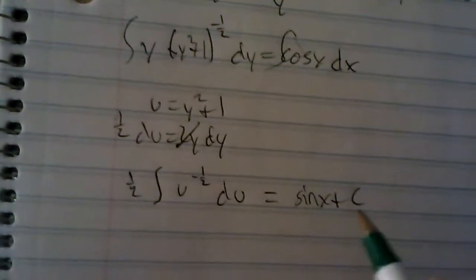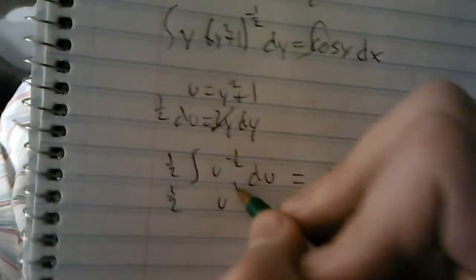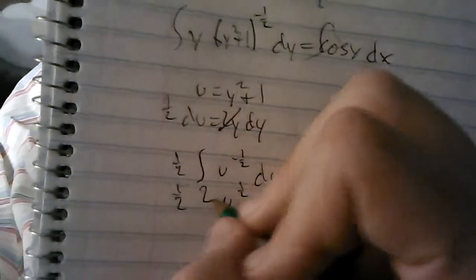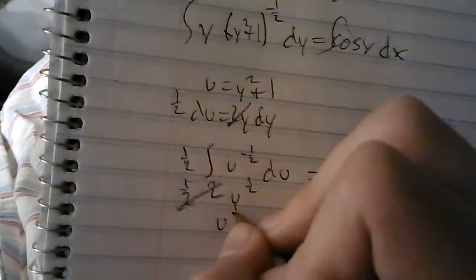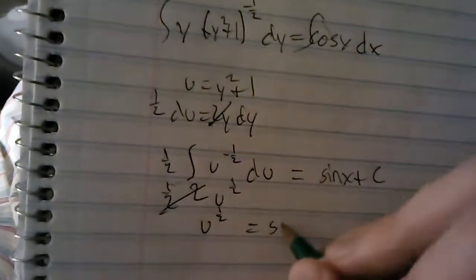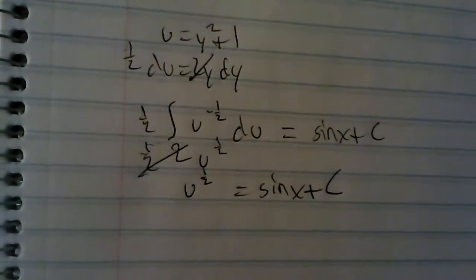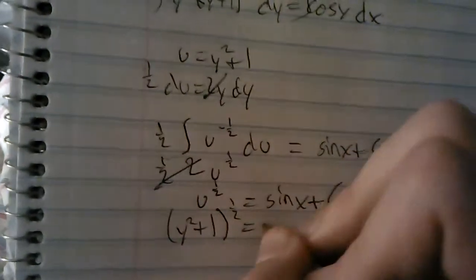And I'm going to leave plus c here like we're going to subtract it from here. So right now we have 1/2. U is going to go to the 1/2 here because you're adding 1. 1 divided by 1/2 is 2. Those cancel. You get 1. So you get u to the 1/2 equals sine of x plus c. Well, we can plug this in now. y squared plus 1 to the 1/2 equals sine of x plus c.